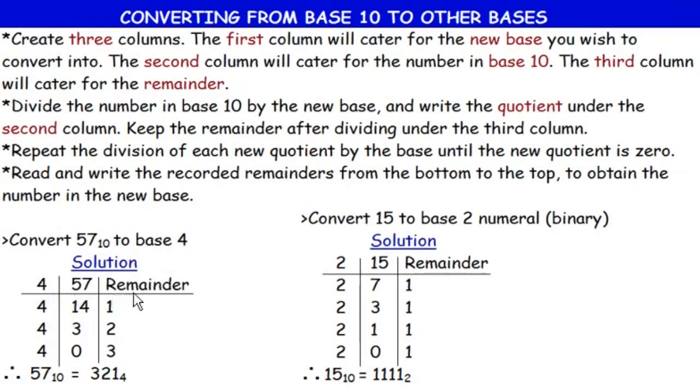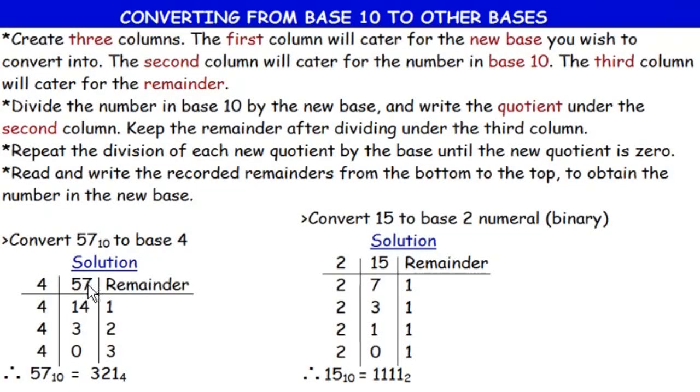So you first create your 3 columns. The first column caters for the new base, the second column caters for the number in base 10, and the third column caters for the remainder. Then you divide the number in base 10 by the new base, keep the quotient under the second column, and keep the remainder under the third column.